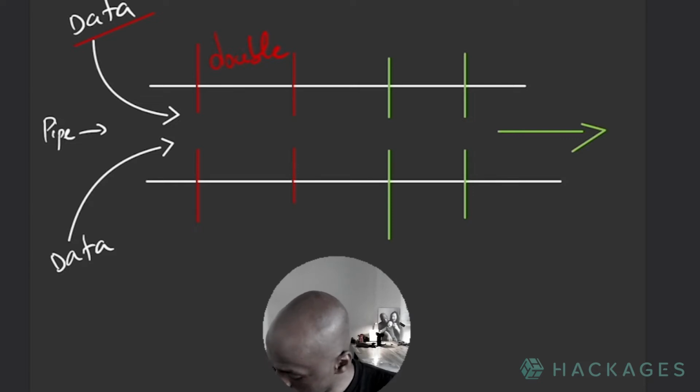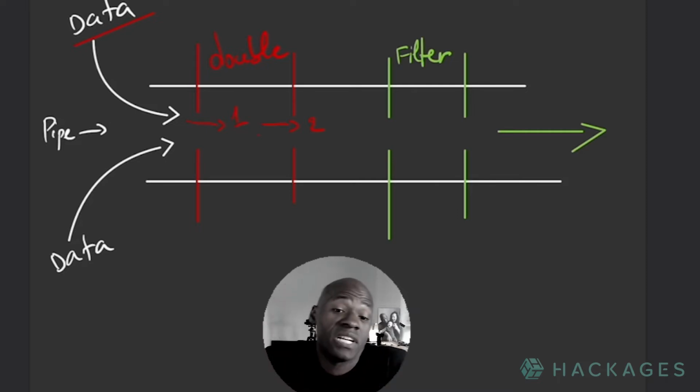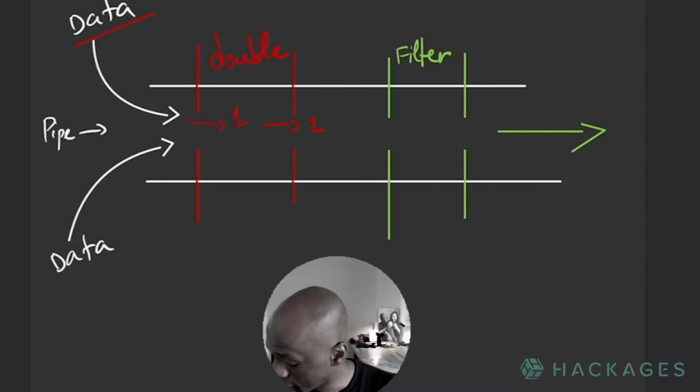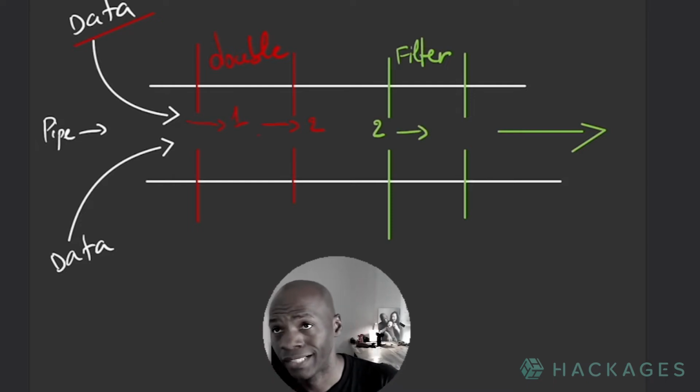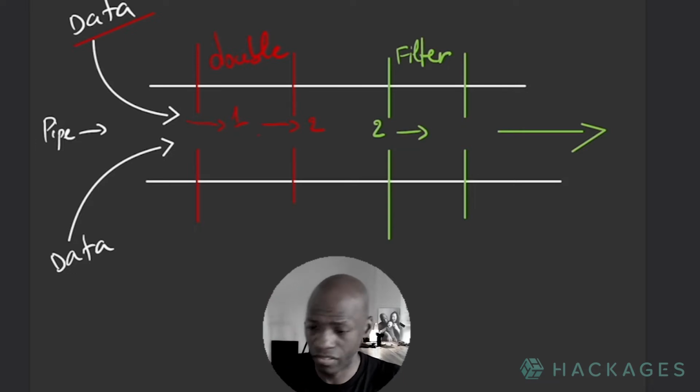Each of them is basically an operation. So let me go back here and say, when they enter here, if they come in like 1, they're going to come out of here as 2. And then this one, think of it, for example, as a filter. Whenever I receive 2 over here, it's going to apply the filter. Let's say we want to remove odd numbers. Is 2 an odd number?